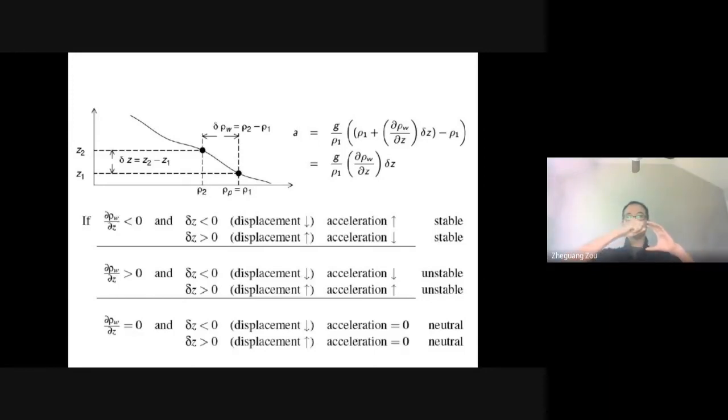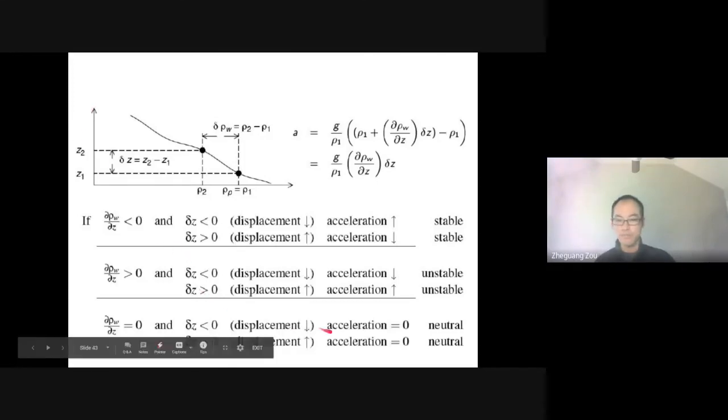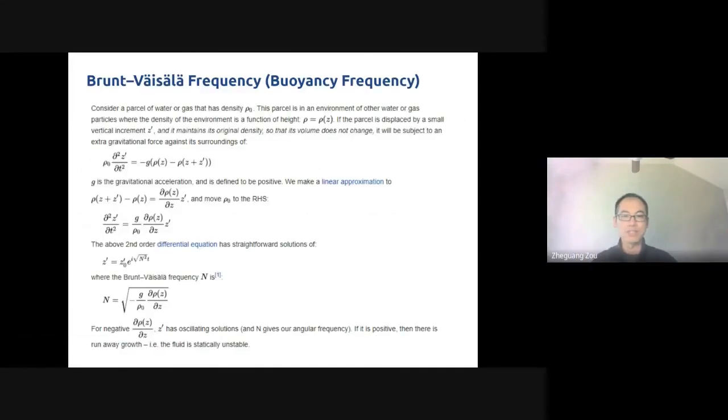In this case, if you raise a water particle in between, it will just keep going up, and eventually the light water and deep water want to flip around, and they are not stable. So this is an unstable case. And if there's no density difference, it's a neutral case, kind of basic.